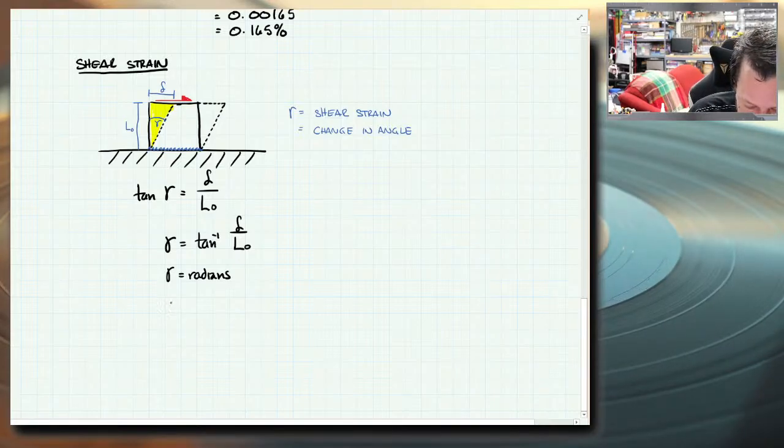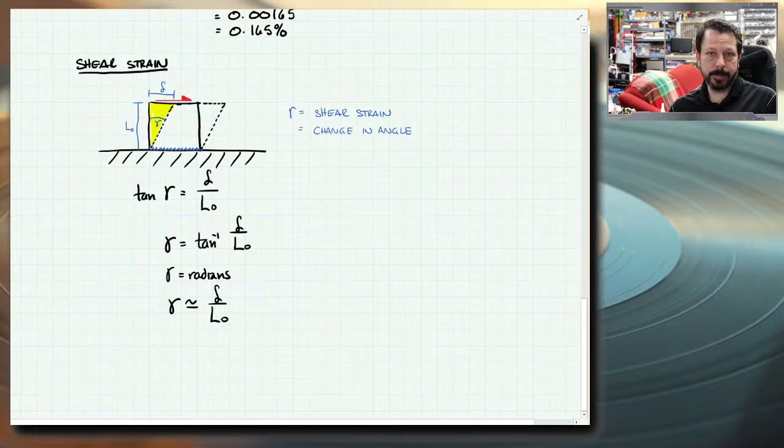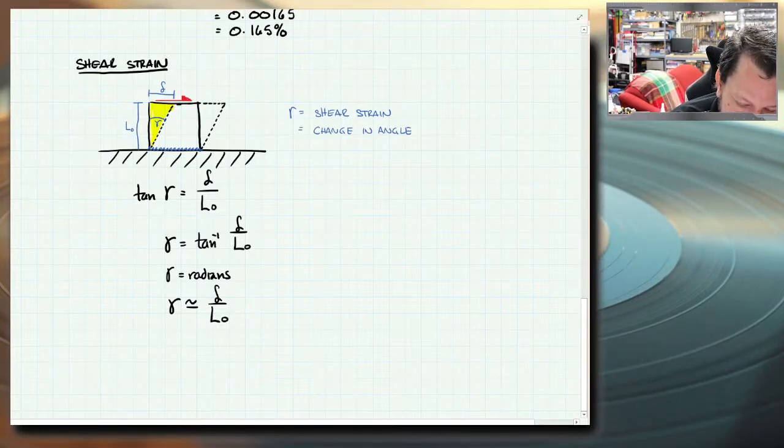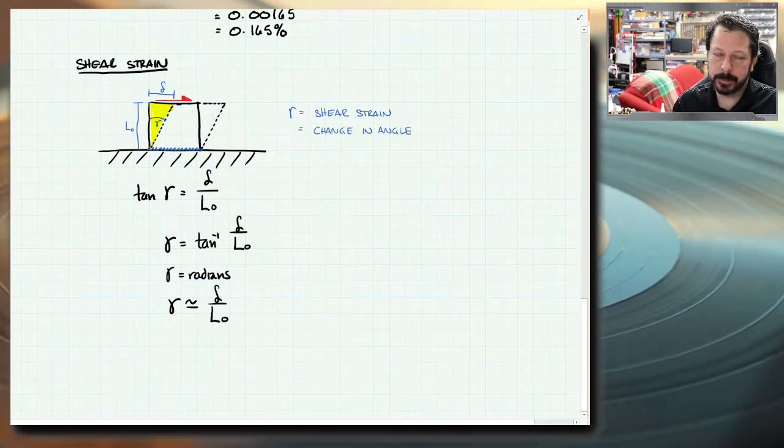So we often say that gamma is pretty much equal to just delta over L. Now, if you do have a large amount of shear, then calculating the actual tangent is probably better. We're also making other assumptions, that this line right here maintains a straight line and is not curved, which it probably would be. So we're making a lot of little assumptions.